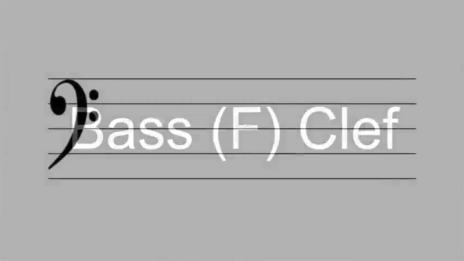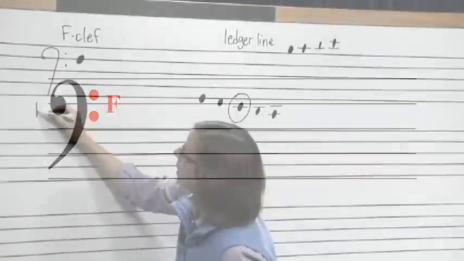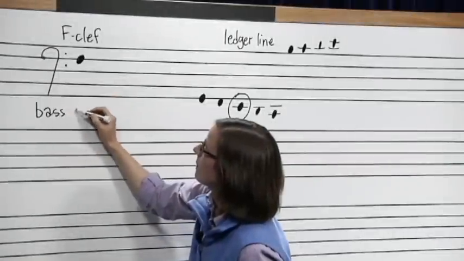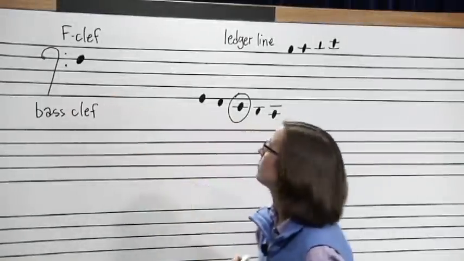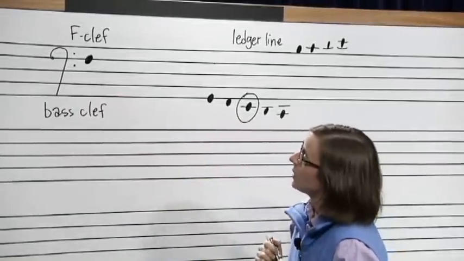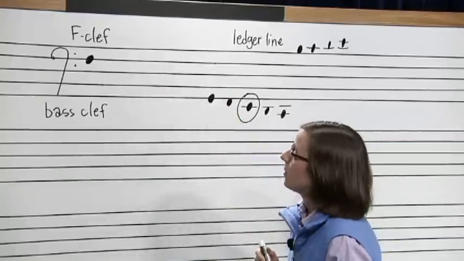So the next clef we're going to look at is a type of F clef. And it's called an F clef because right in between these two dots right here is F. And you can also call it bass clef, like that. And so what we're going to do is walk up here and find where middle C is.